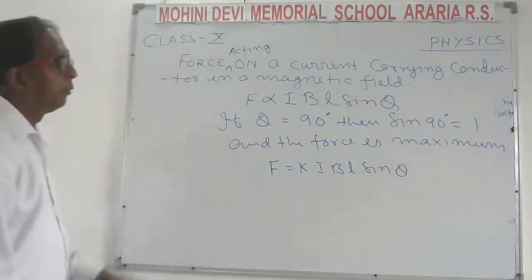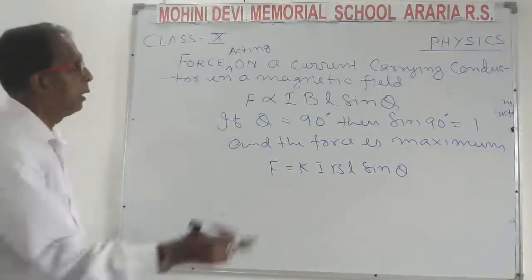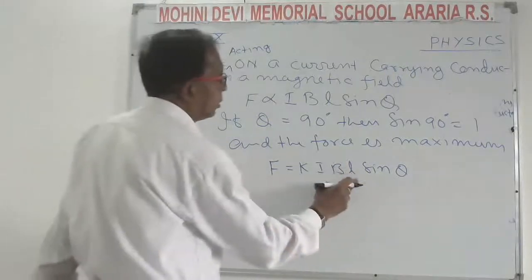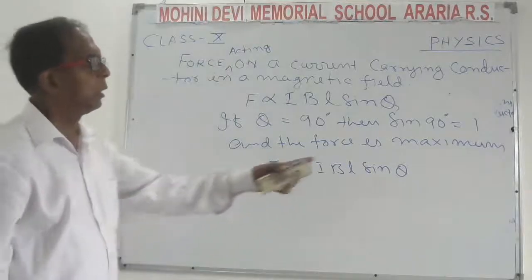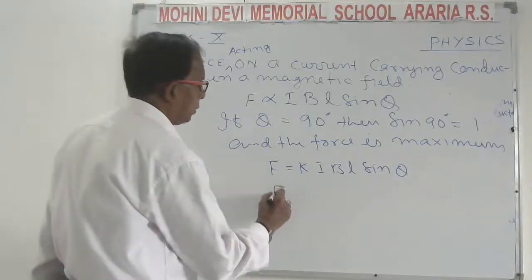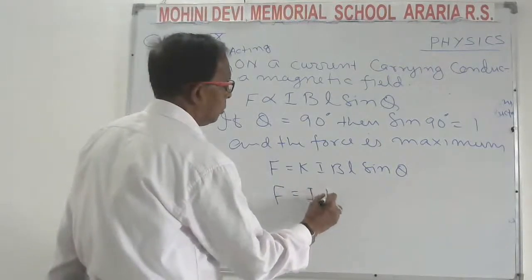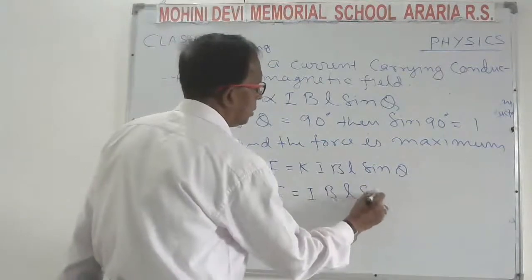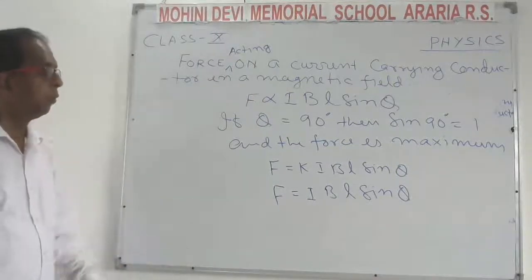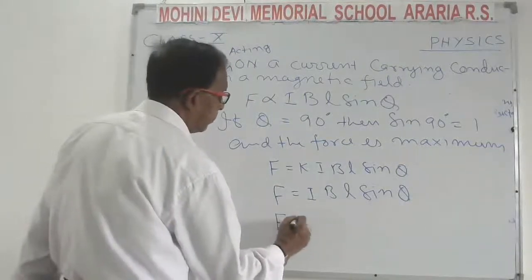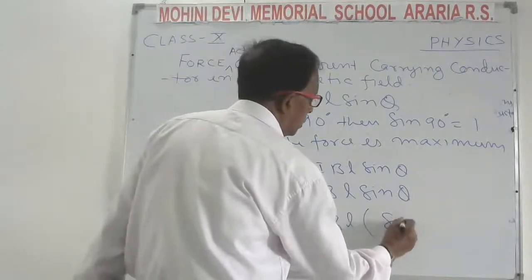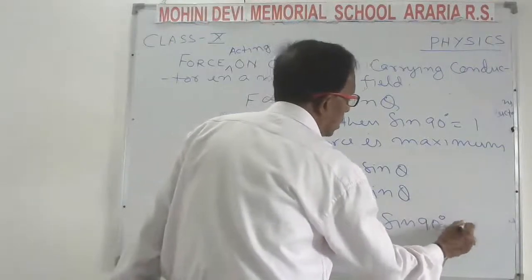And the value of K is 1. If 1 ampere current is passing, the strength is 1 Tesla and the length of the wire is 1 meter and the angle is 90 degree, then K is equal to 1. Therefore, F is equal to I into B into L sine theta, and if theta is 90 degrees, then the force is maximum, I B L, since sine 90 degree is equal to 1.